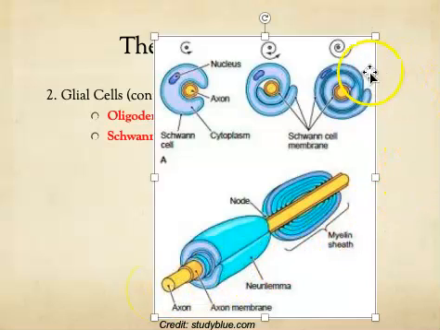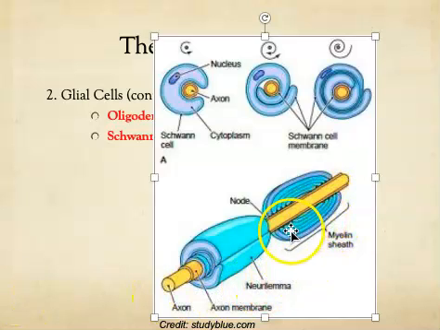So you have to imagine that there's a nerve cell body up here and dendrites extending from that nerve cell body. And here's that axon carrying signal from the nerve cell body down to the next cell, whether that next cell is a neuron or a muscle cell or perhaps a gland.